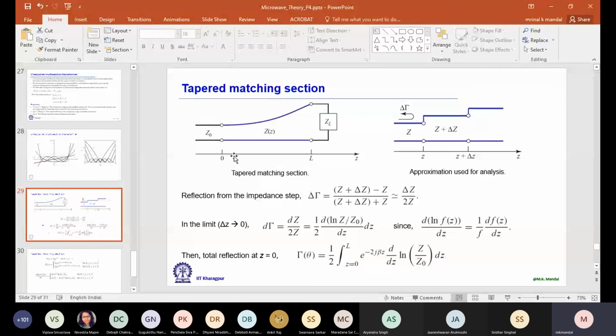For a given substrate, if I increase W, the characteristic impedance decreases, and vice versa. We have a closed form expression for the characteristic impedance, how to find it, in D. M. Pozar's book. An online calculator is also available. So this approach is a little different. Instead of using multiple sections, we are continuously varying this characteristic impedance. Now how to model it mathematically?